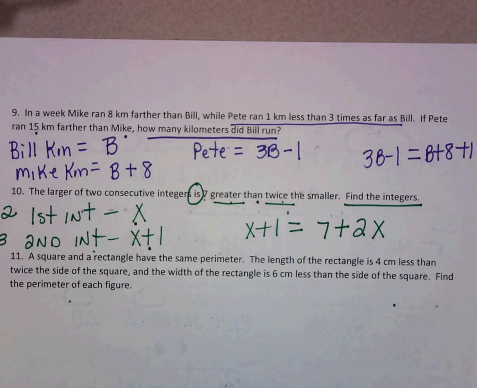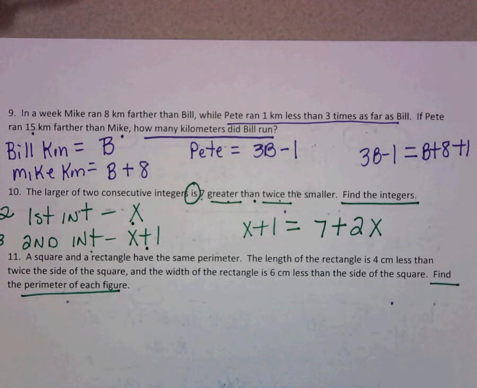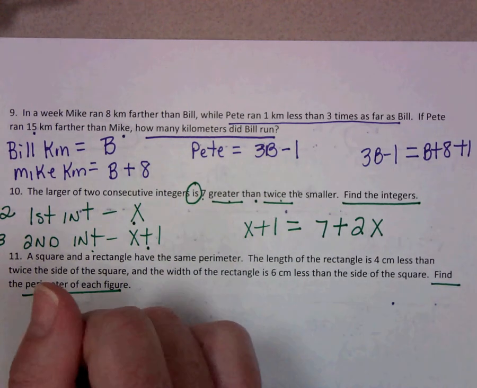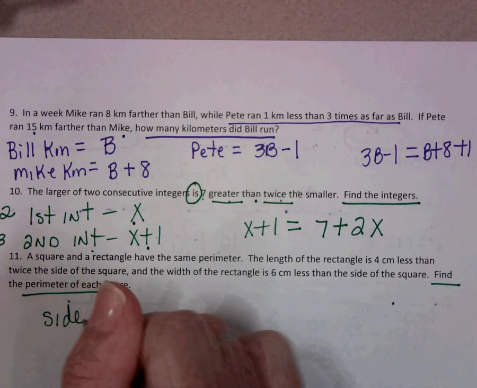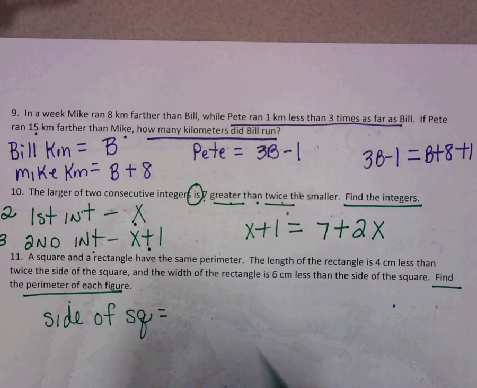Okay, number 11 says, find the perimeter of each figure. If we're going to find the perimeter of each figure, then we need to know the side lengths, right? So we need to know the side length of the square, which is all the same.